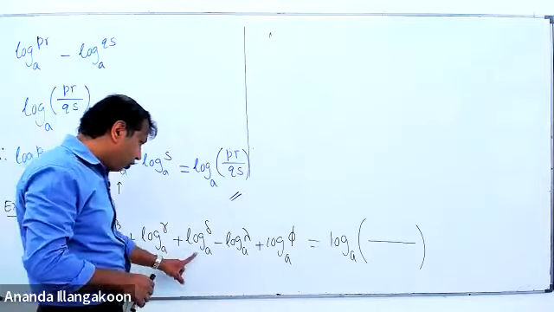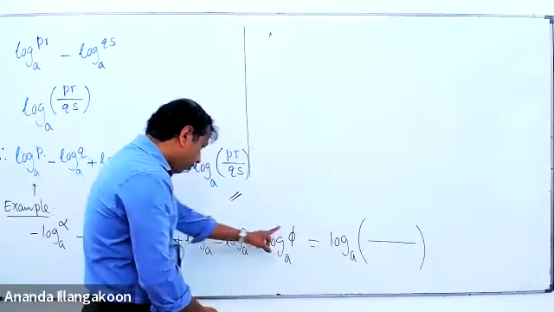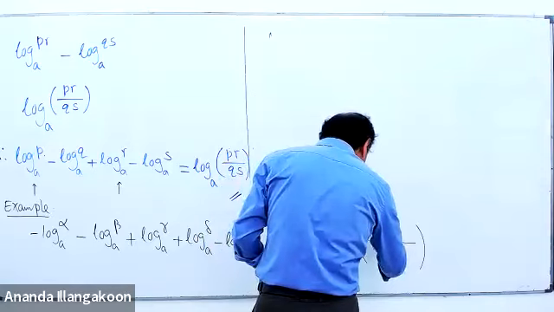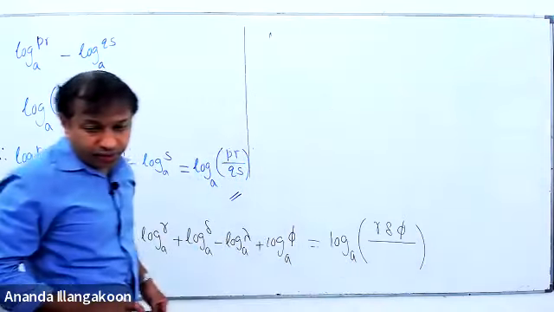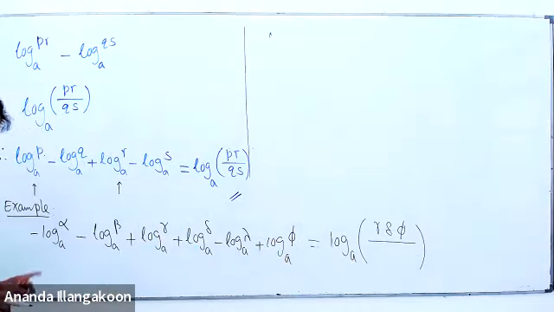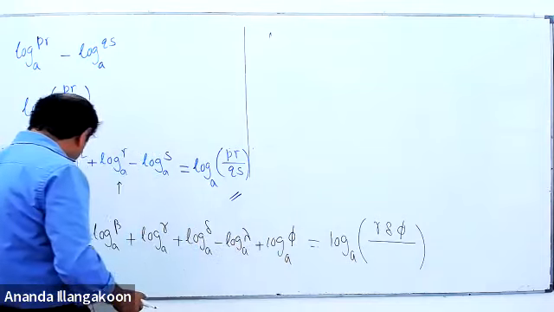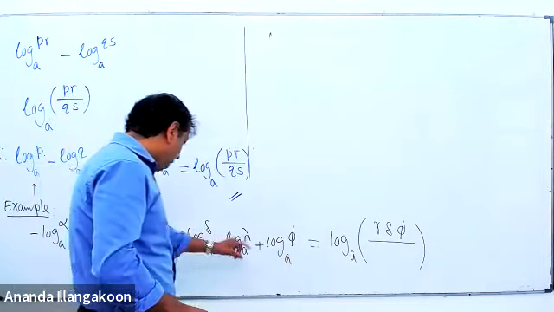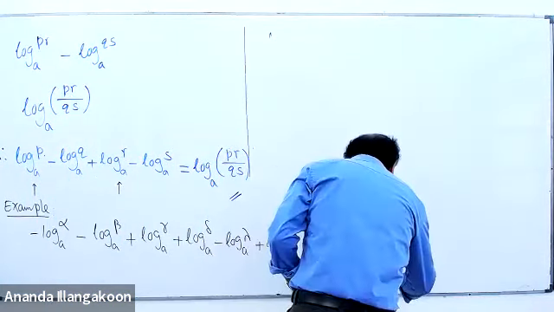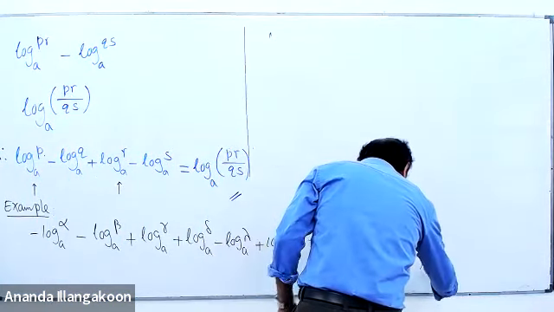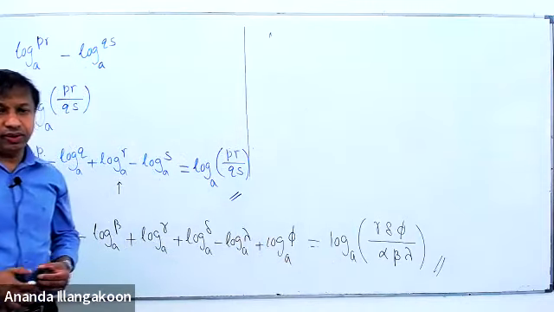This is positive, this is positive, this is positive: gamma, delta, 5. Product: gamma, delta, 5. Negative log terms: this term, this term, this term. What do you get? Alpha, beta, lambda. This is how we take that answer. Correct, no?